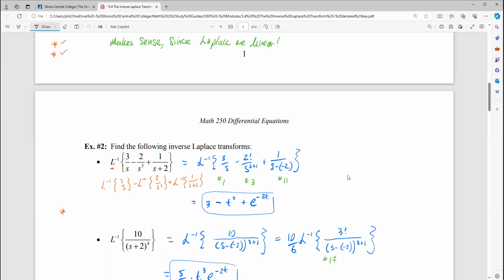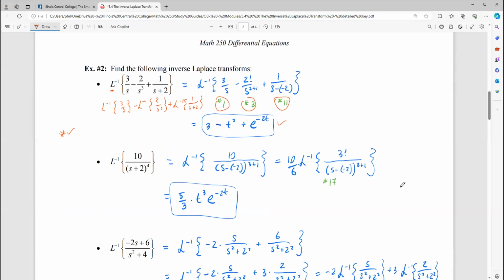When we break it up this way using linearity, each one of these is pretty easy and direct off the Laplace inverse table, relatively speaking. So give those a go, and then try one for yourselves here.